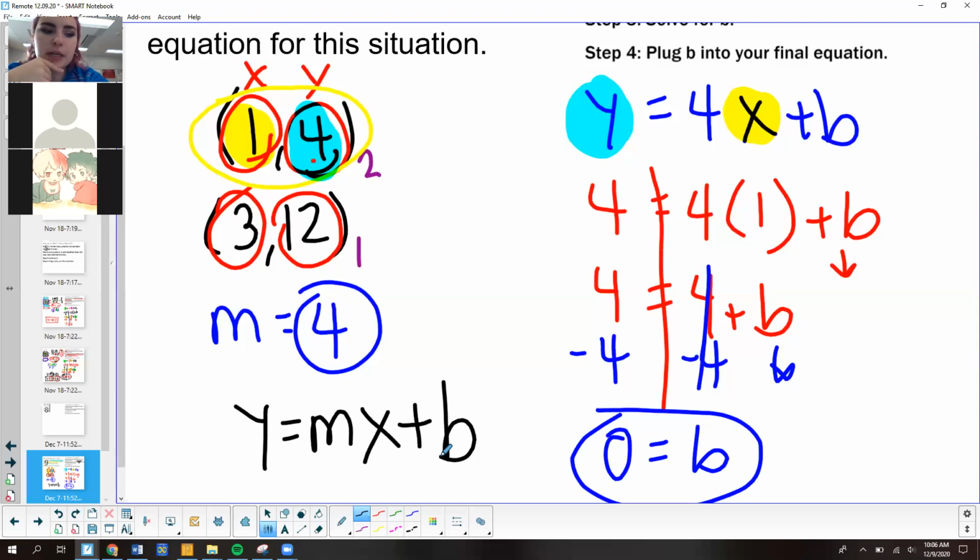So I'm noticing some people are putting 8 over 2x. Yes, that's fine, but since we simplified our slope to be 4, I would prefer you guys use 4.